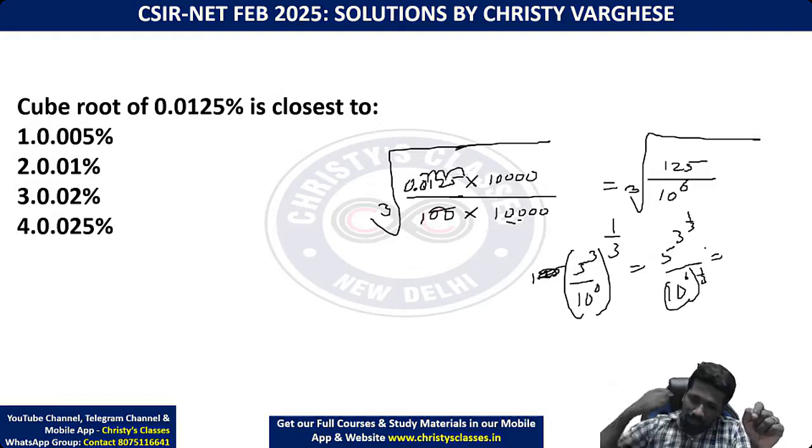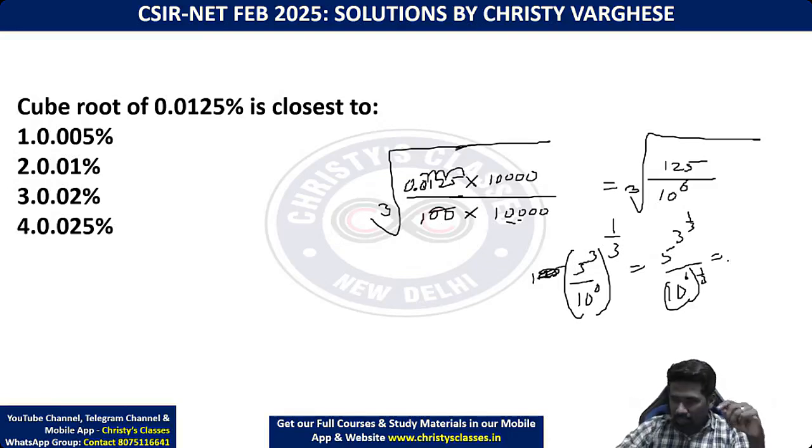A by b the whole raised to m is a raised to m by b raised to m. That is a property we have used. Then we have used the property a raised to m the whole raised to n is a raised to m into n. All these properties we are going to learn in surds and exponents. So this is going to be 5. This is going to be 10 raised to 6 into 1 by 3, that is 10 raised to 2. So 5 by 100, that is 0.05.